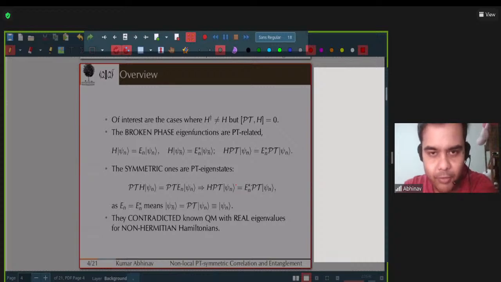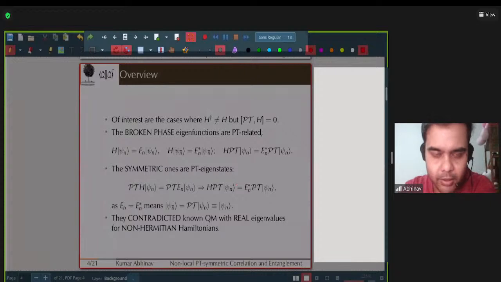Those are parametric phases, and the parameters are found in the Hamiltonian. The broken phase is characterized by complex eigenvalues, which is kind of expected, and there the eigenfunctions for complex conjugate pairs are PT related: from one to the other you can go through PT transformation.